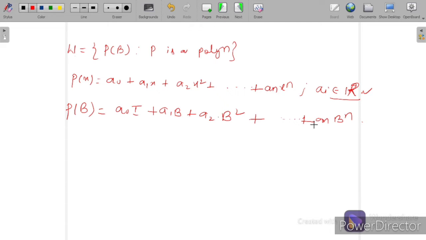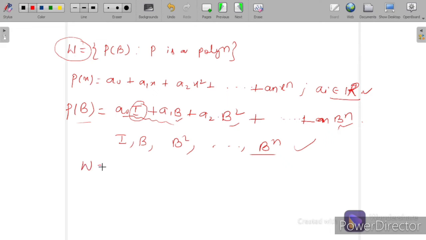See, this P of B is a linear combination of identity matrix, B, B square and so on, B to the power n. That means every element of the vector space W is a linear combination of identity matrix, B, B square and so on, B to the power n.